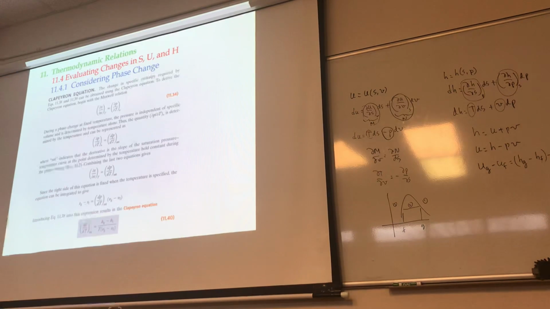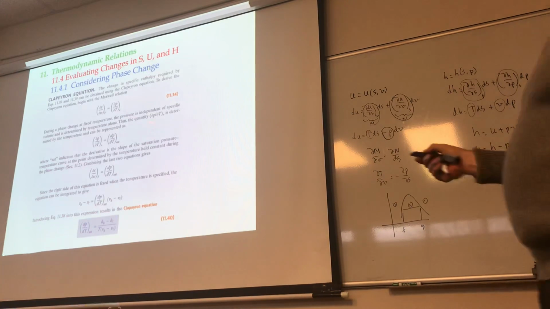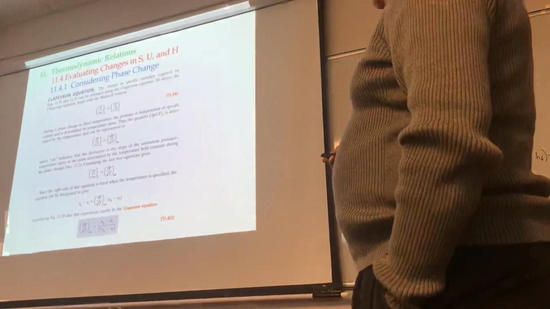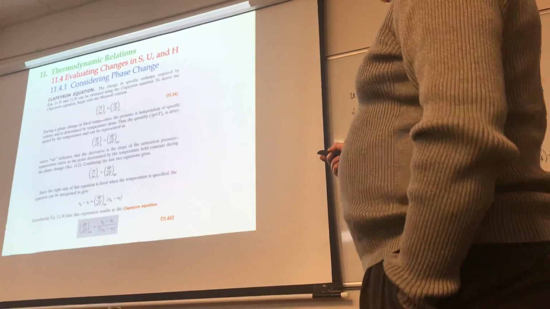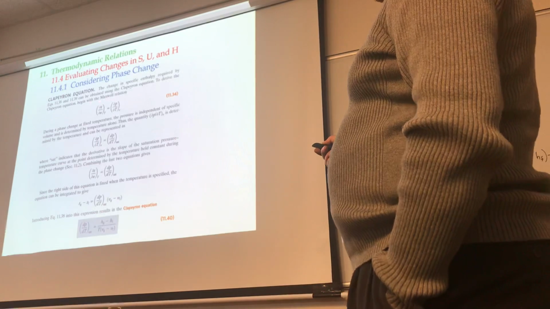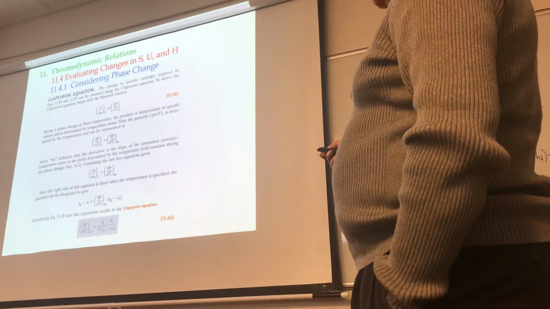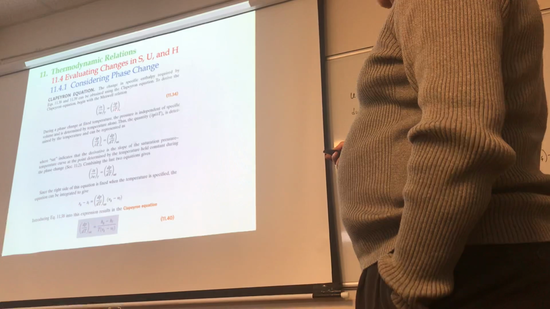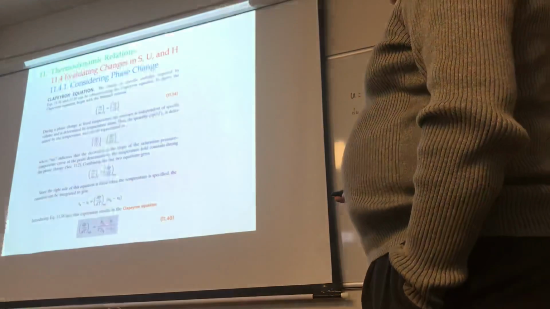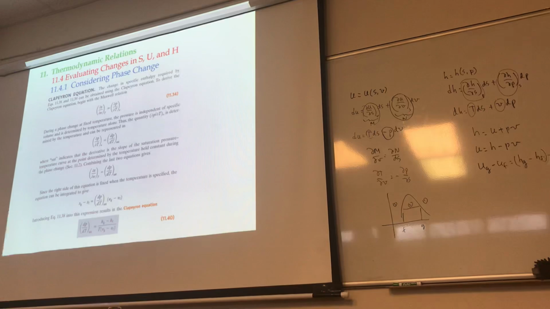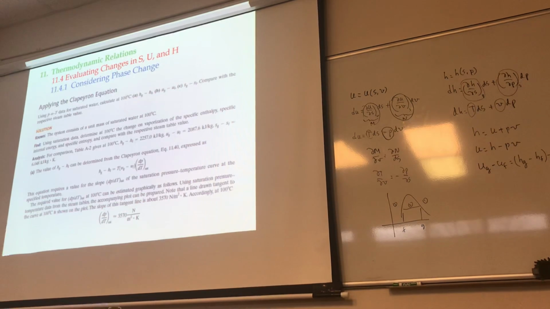The next slide shows how this is derived, if you are interested, and the basis for that is the Maxwell equation, which says that ds over dv is equal to dP over dT. And then you move on and figure this out, and that unfortunately concludes this chapter.